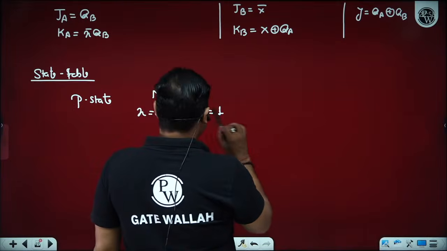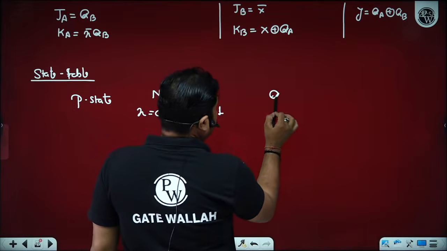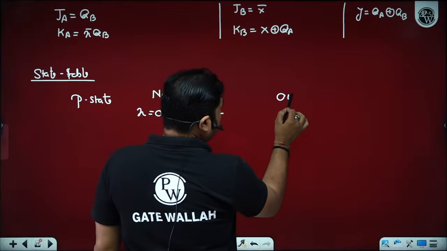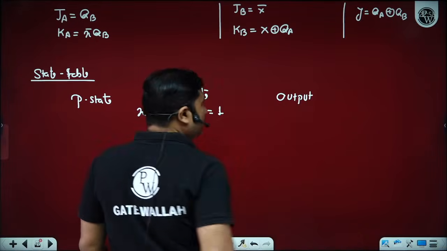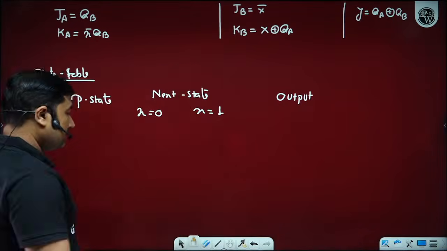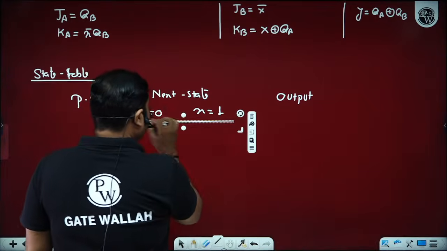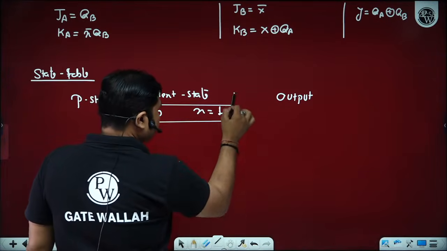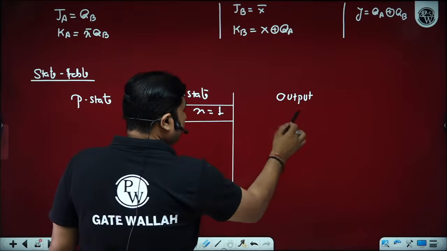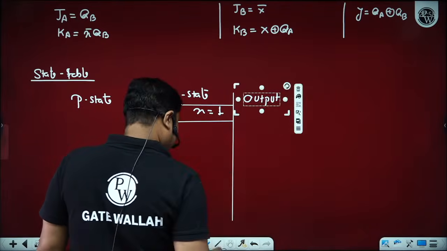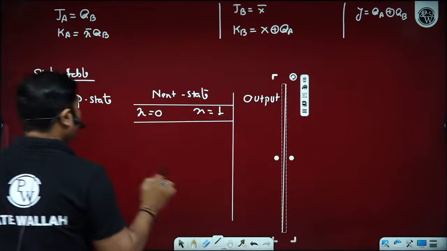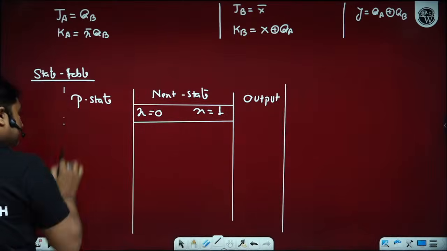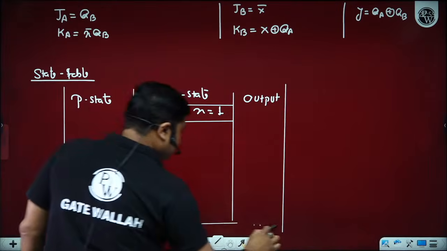So we have two possibilities with X, and we have output. Output is not a function of X, so output only depends upon present state. Okay, so we have output, present state, next state.